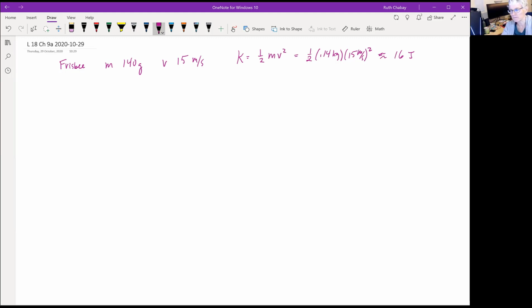And so what we want to do is break down energy into energy associated with motion of the center of mass, and this is called, in physicsy terms, translation.